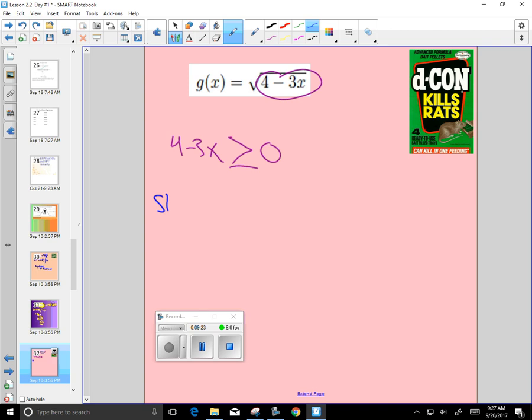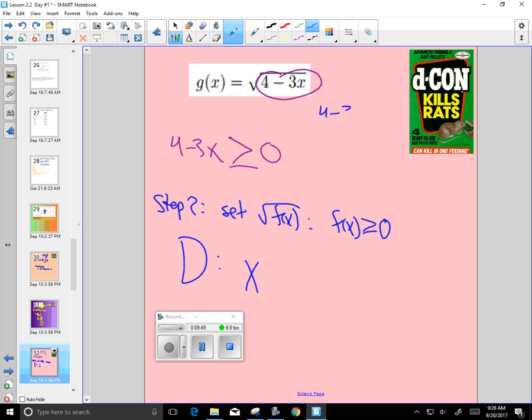So this step 2 is set whatever's in the function f of x to be greater than or equal to 0. If you have a function in a square root, you set that greater than or equal to 0. So in this case, my domain is going to be all x, I better check this out, 4 minus 3x greater than or equal to 0.